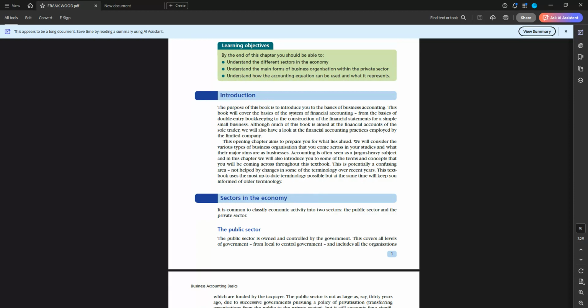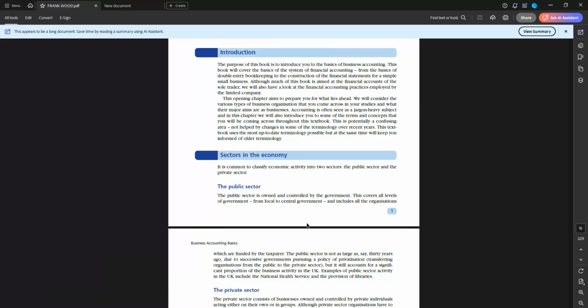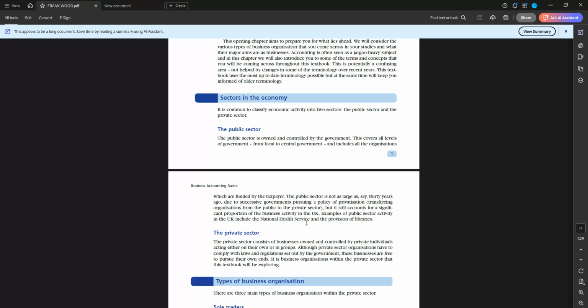The purpose of this is just to look at the different sectors of the economy, the public sector and the private sector. So the public sector is owned and controlled by the government.